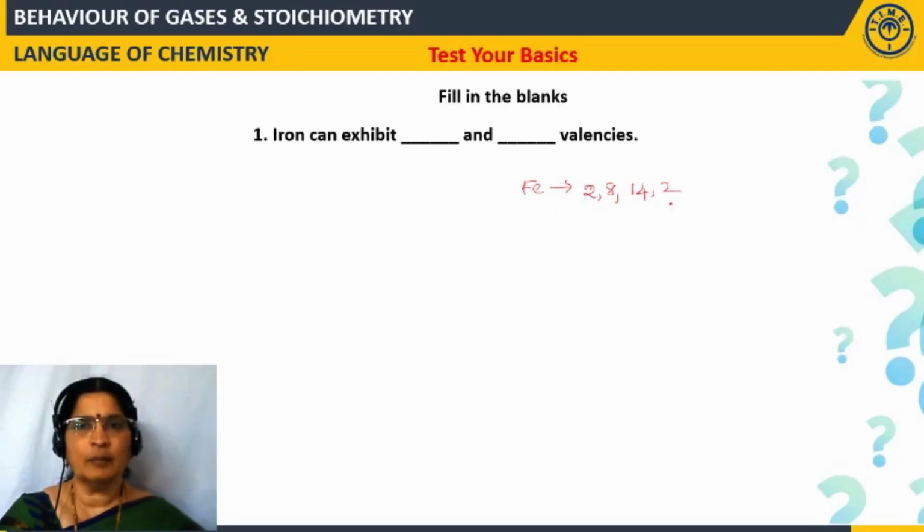From this atom, it can lose 2 electrons from the valence shell to give Fe plus 2 ion. But an electron from the penultimate shell also can be lost, thereby forming Fe plus 3 ion. Fine. Therefore, iron can exhibit plus 2 and plus 3 valencies.